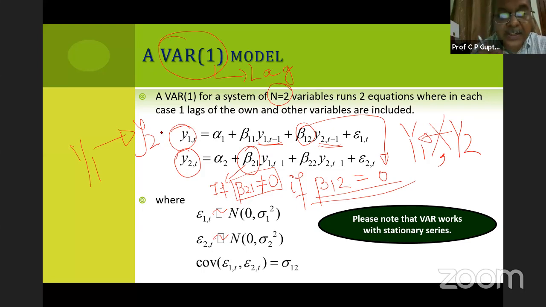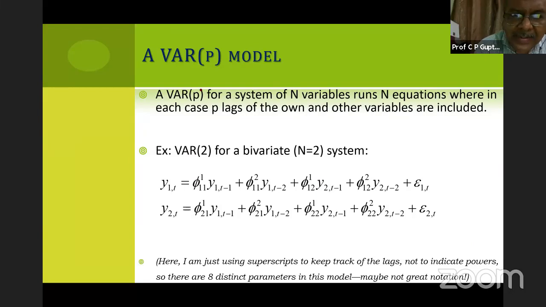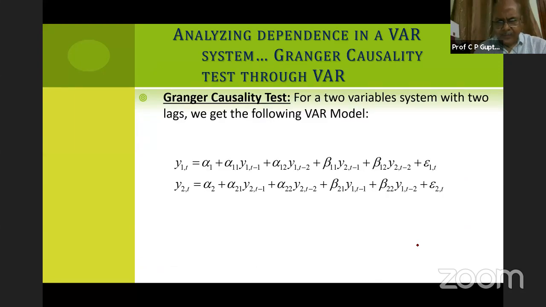Please note that VAR works only with stationary series. You can generalize it to two variables with p lags, and you will have this kind of system of equations. I'm not going into the notations; you can understand them yourself.